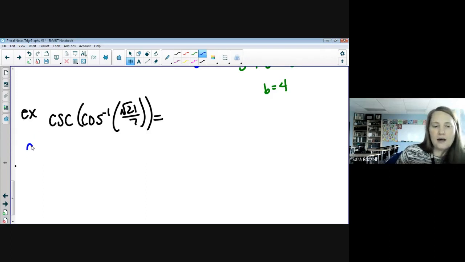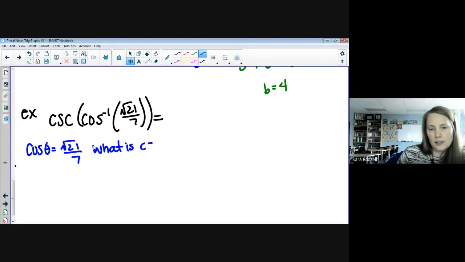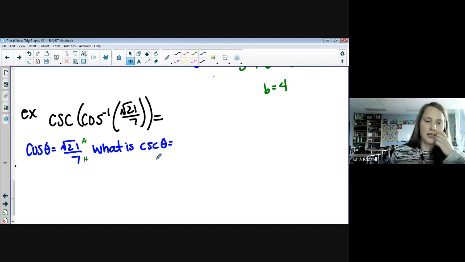I know that cosine of theta is root 21 over 7. I'm trying to find out what is cosecant. Cosine is adjacent over hypotenuse. Cosecant is hypotenuse over opposite.